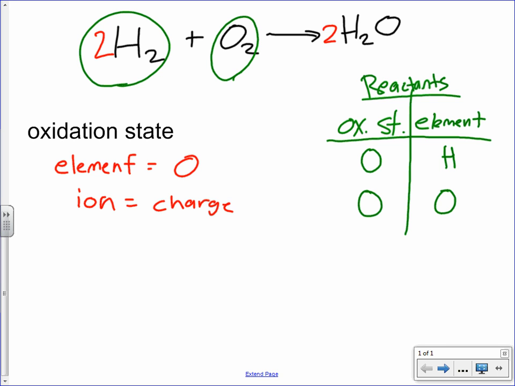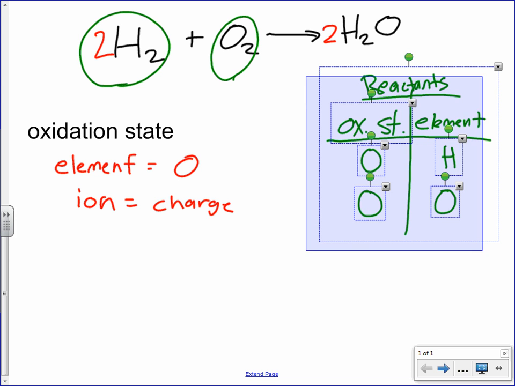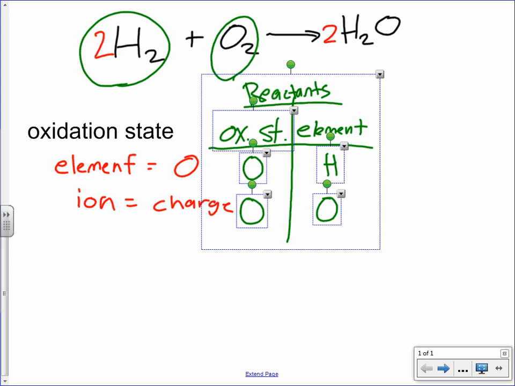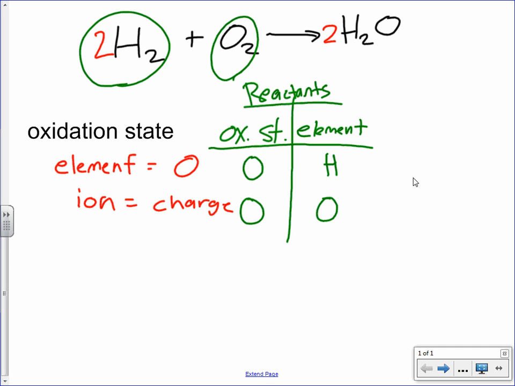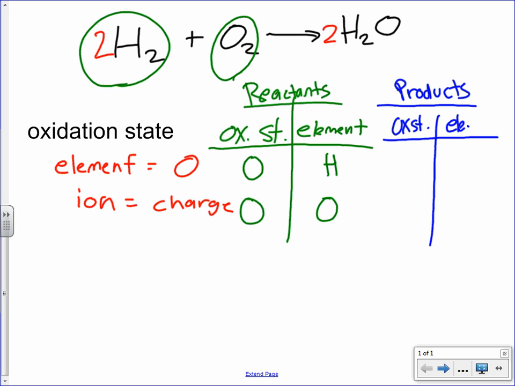So, let's move this over a little bit. Okay. And let's do products over here. So obviously in a chemical reaction, we are going to have the same elements in the products, since they're just really swapping some electrons here. So we're still working with hydrogen and oxygen. Okay, so now let's look at hydrogen here. Okay, here hydrogen is part of a compound. It's part of an ionic compound, so it's an ion, which means it has a charge.